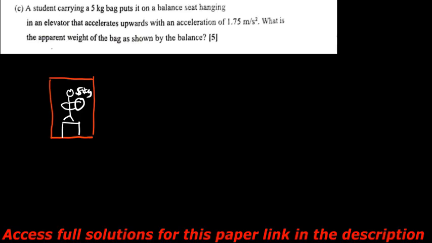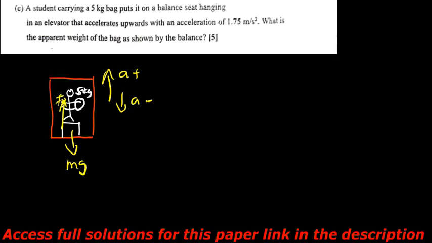One thing I want you to understand is that when an elevator is going up, the acceleration is positive. When an elevator is coming down, the acceleration is negative. The scale will always read the normal force. The force pointing downward is mg, then this is the normal force.